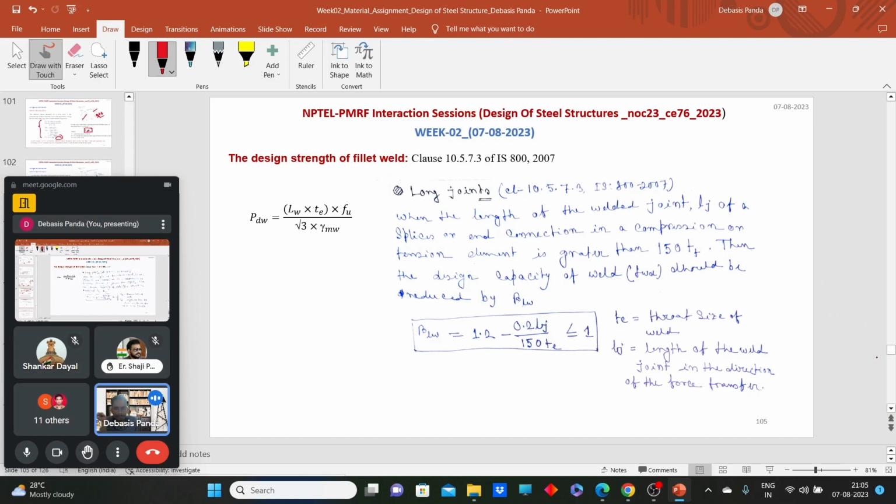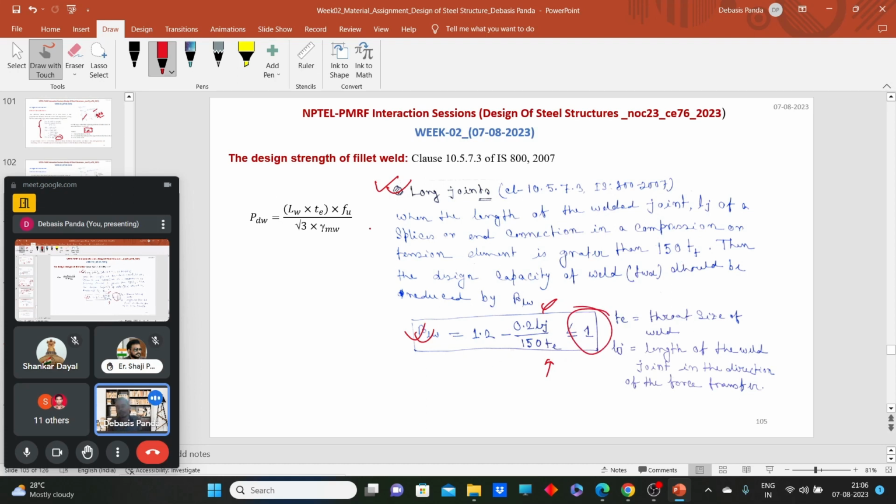Yes, we have one more factor here. While designing the bolted connection, we have some reduction factors like long joints, large grips, and all these things. Here, for the long joints they have given one reduction factor, beta lj, which should be equal to 1.2 minus lj by 15 Te. What is lj? We already know it is the length of the joint. What is Te? The effective throat thickness, and the value will be less than 1.